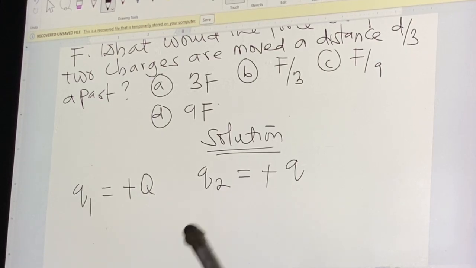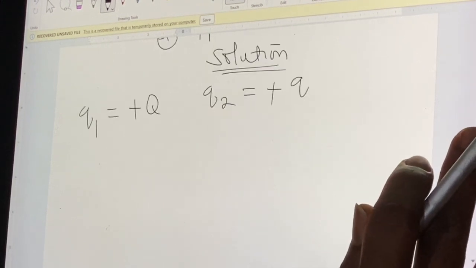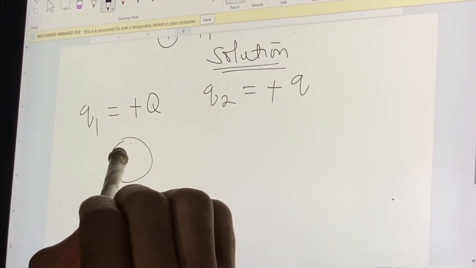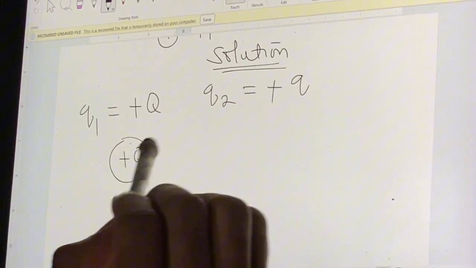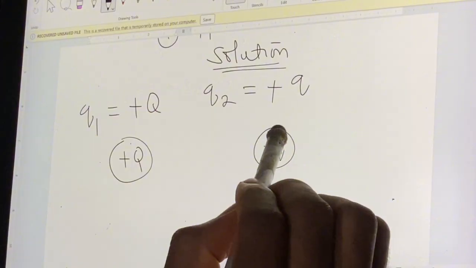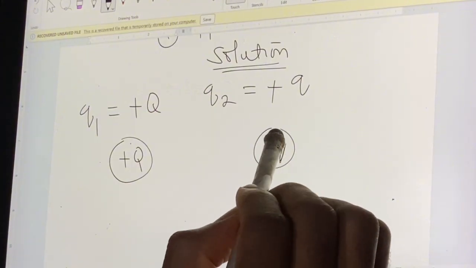So q1 is plus capital Q, and this is plus small letter q.